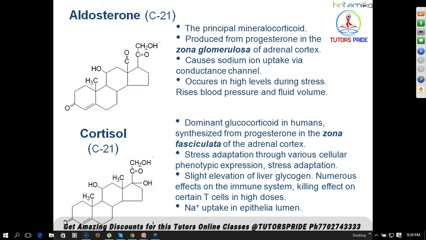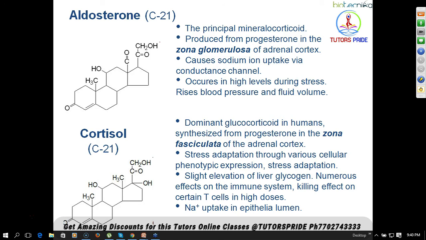So when you are under stress or under tension, your blood pressure will increase because your aldosterone level increased. Got my point? Question will be coming like that. The increase in blood pressure is responsible for increase in concentration of which hormone? Four options to give: aldosterone, cortisol, progesterone, and estradiol.